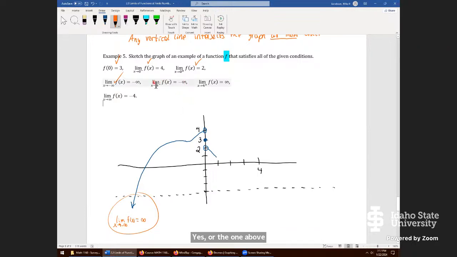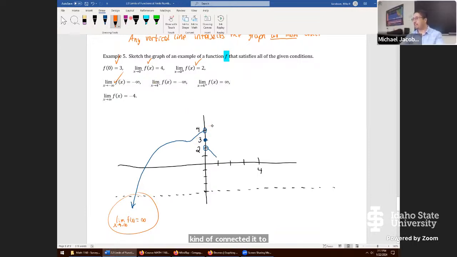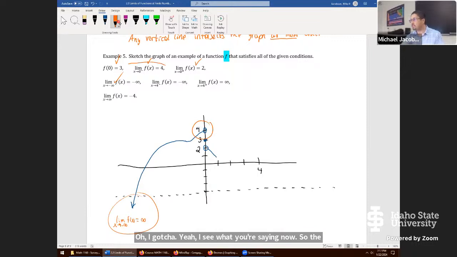Or kind of connected it to the open dot on 4 and down. Oh, I gotcha. Yeah, I see what you're saying now. The only reason we had to go to this open dot right at 4 is because it specified this limit right here. So those two had to go together with each other.